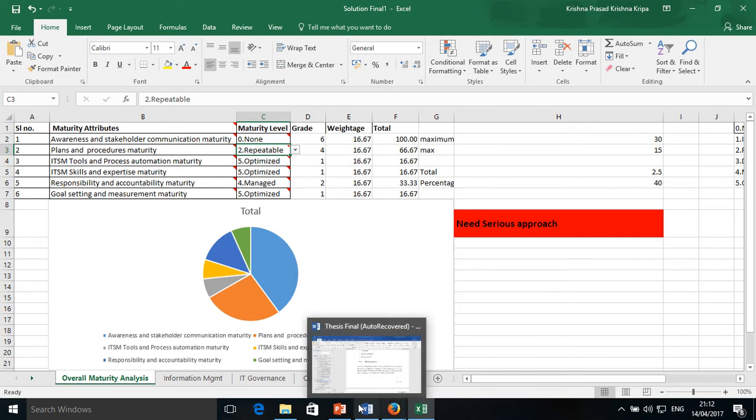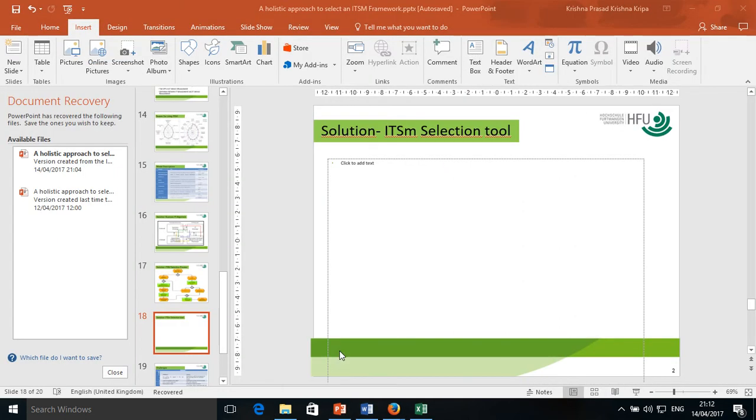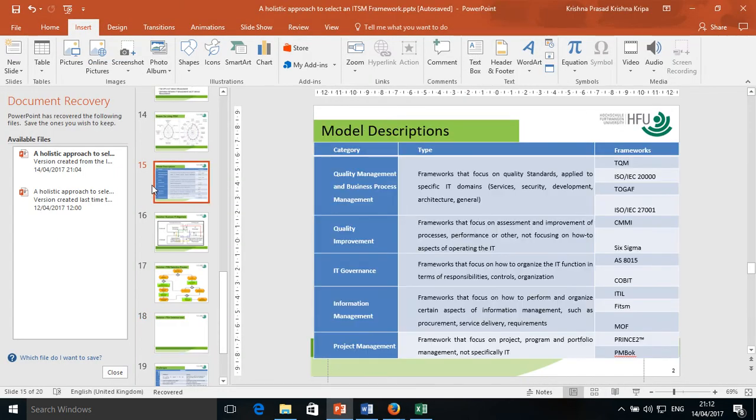As I discussed above in my presentation, I have made a categorization. I have divided various frameworks into 5 categories. This is purely based on the references of many good authors and so on. So here we got 5 categories.